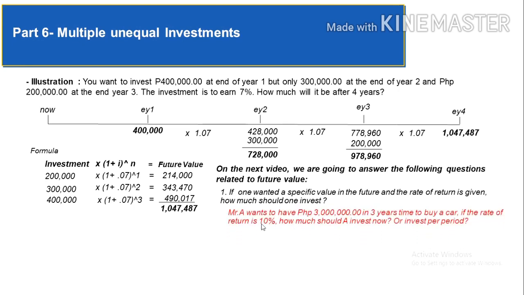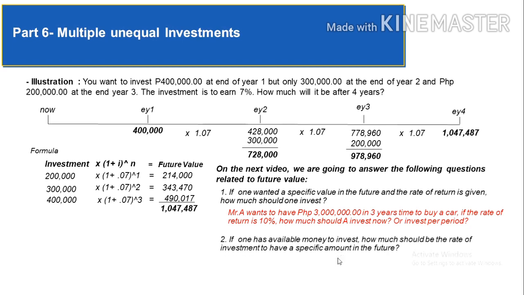For example, Mr. A wants to have 3 million in 3 years' time to buy a car. If the rate of return is 10%, how much should A invest now or invest per period? Meaning, the desired future value is given, the 3 million. The rate of return is also given.